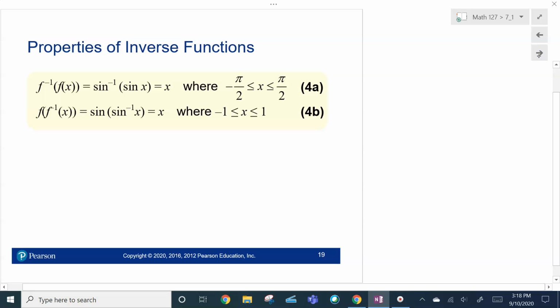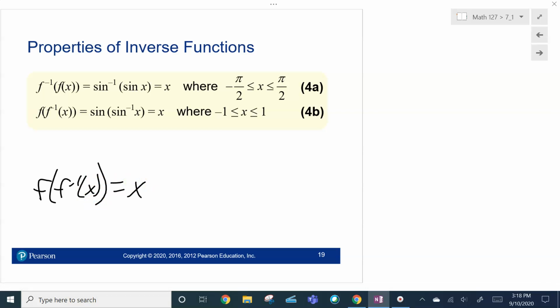All right, so properties of inverse functions. So I think it's kind of necessary to think about, to kind of make sense of this. When you're taking a composition, if you remember f of f inverse, right, it would spit out x, right? They would, if you will, undo each other, right?